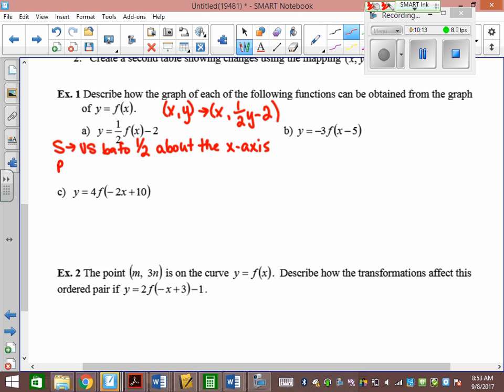And it's a reflection in what? There's none. T, translation, 2 down. Vertical translation, 2 down. So does there have to be an S, an R, and a T? No.